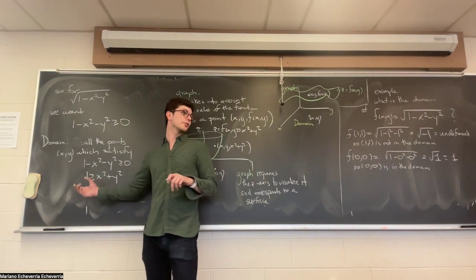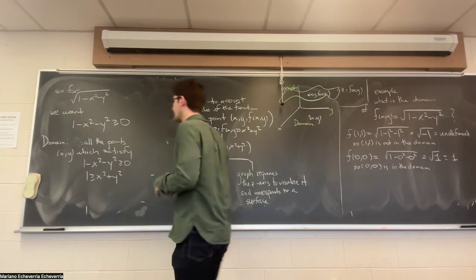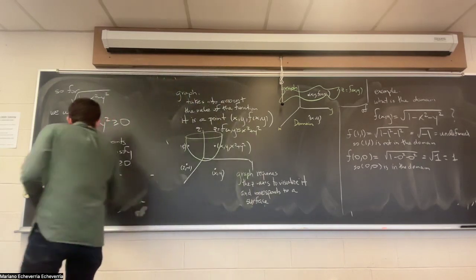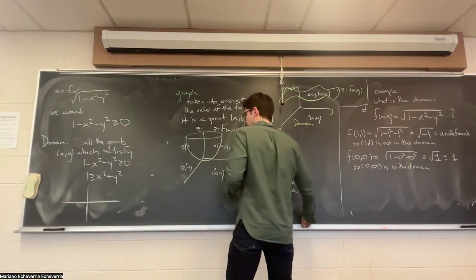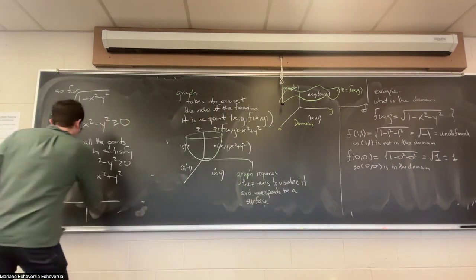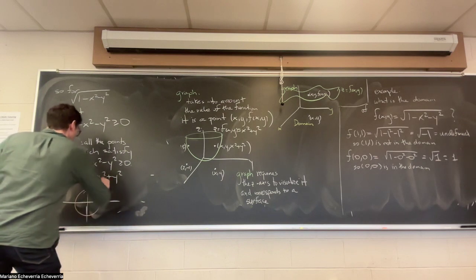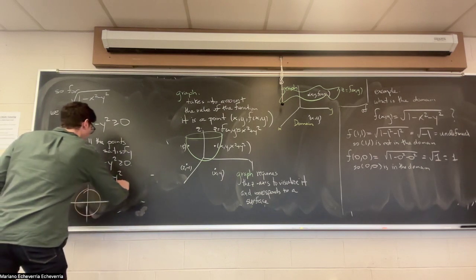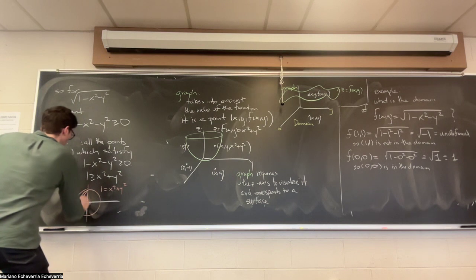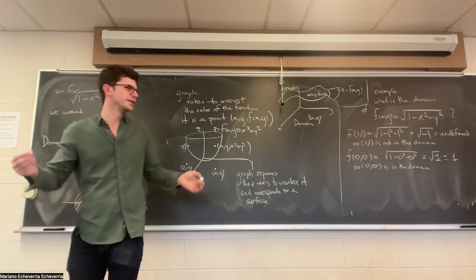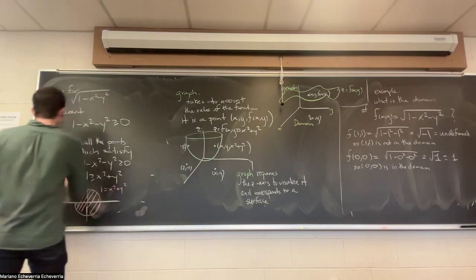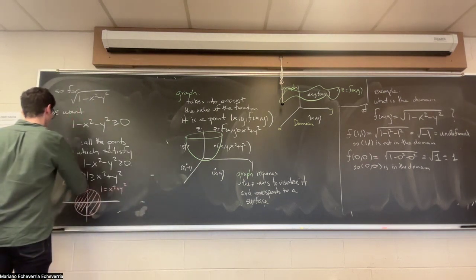But because it's greater or equal to, that's where the filling comes in. So what you end up having here is the unit circle with the interior included. So it's essentially what you would call the unit disk. So the domain is really the unit disk.